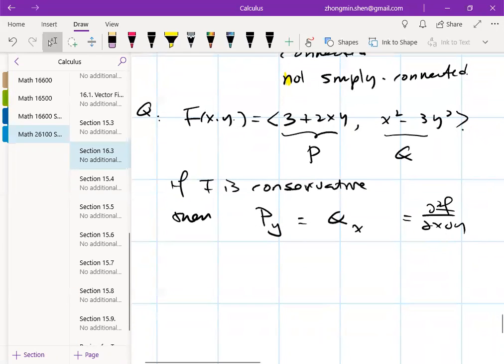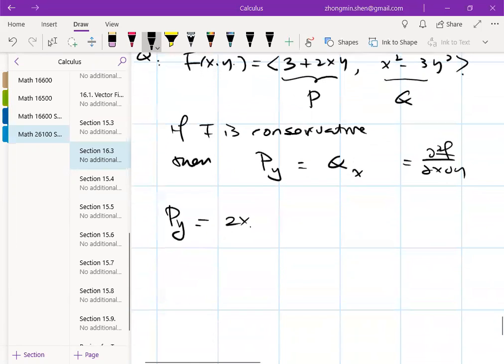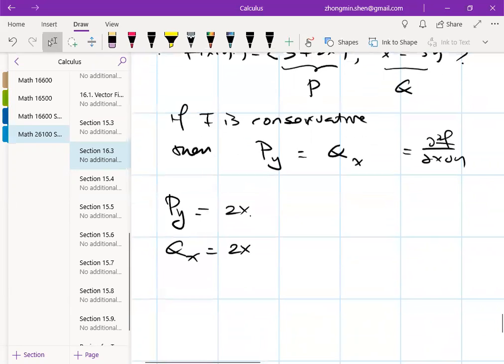Let's check that. The partial derivative of P with respect to y, I got 2x. The partial derivative of Q with respect to x, you get 2x. Yes, they're equal.